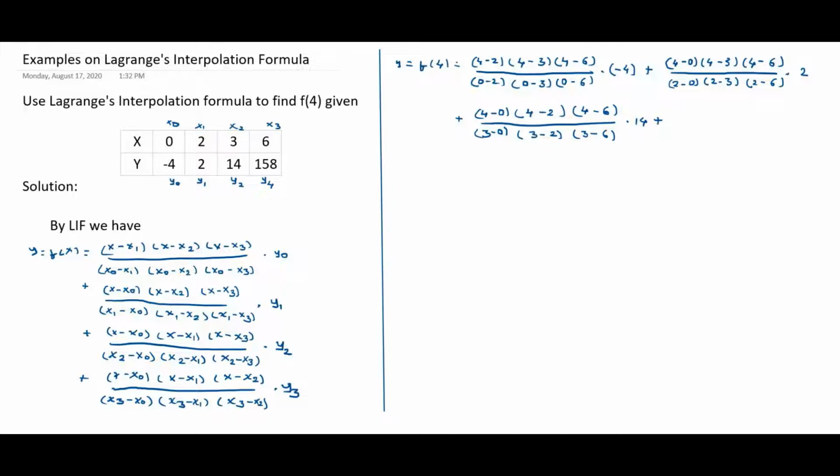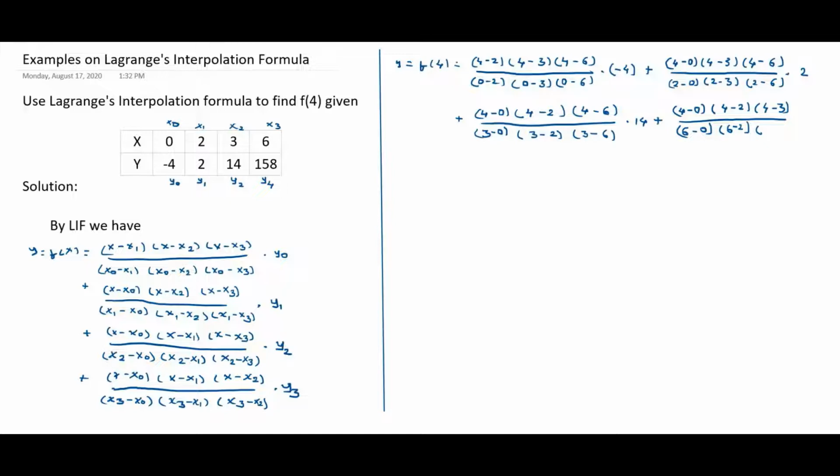In the last term, x minus x0, that is 4 minus 0. Then x minus x1, 4 minus 2. And x minus x2, 4 minus 3, because the x3 term is absent, divided by, so x3 term is 6, that is x3 minus x0, 6 minus 0. x3 minus x1, 6 minus 2.